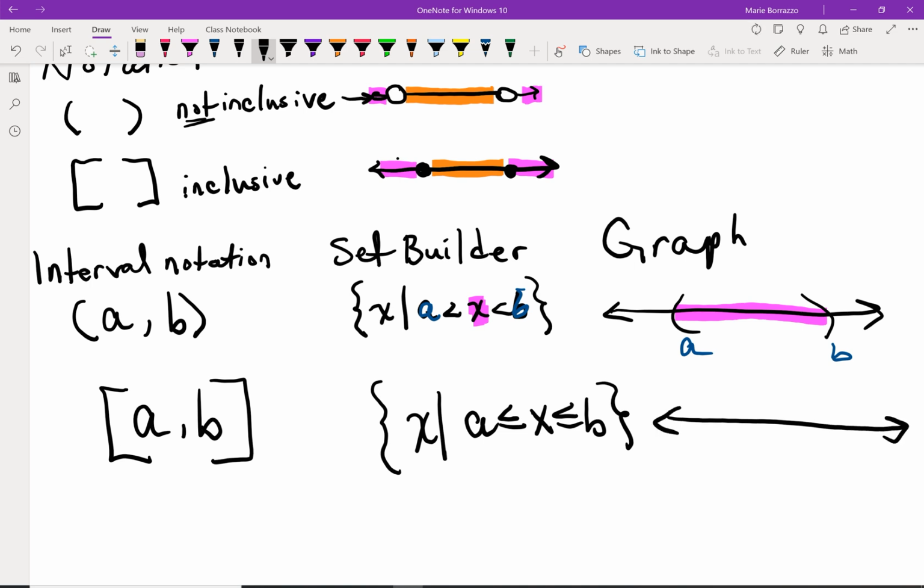Here are your a and b values again. However, this time we have a bracket on either extreme, indicating that that is one of the solutions, and everything inside of here is a solution as well.